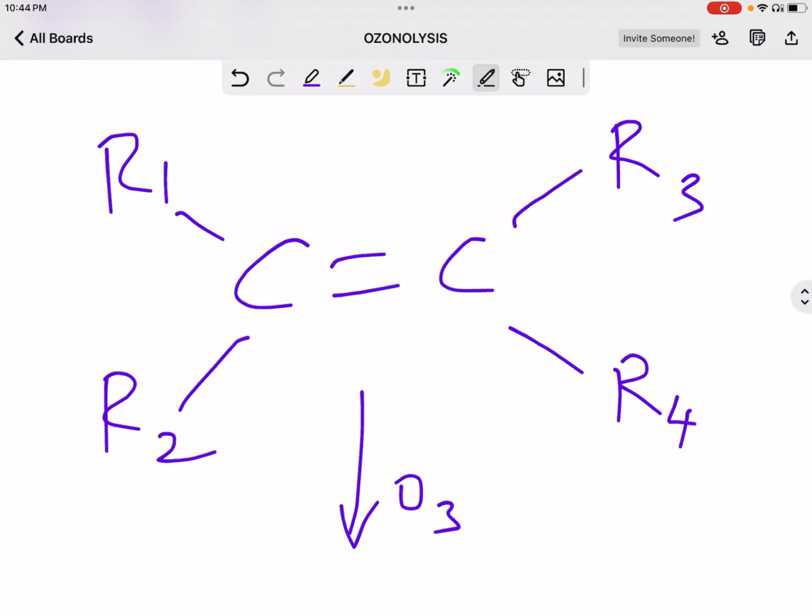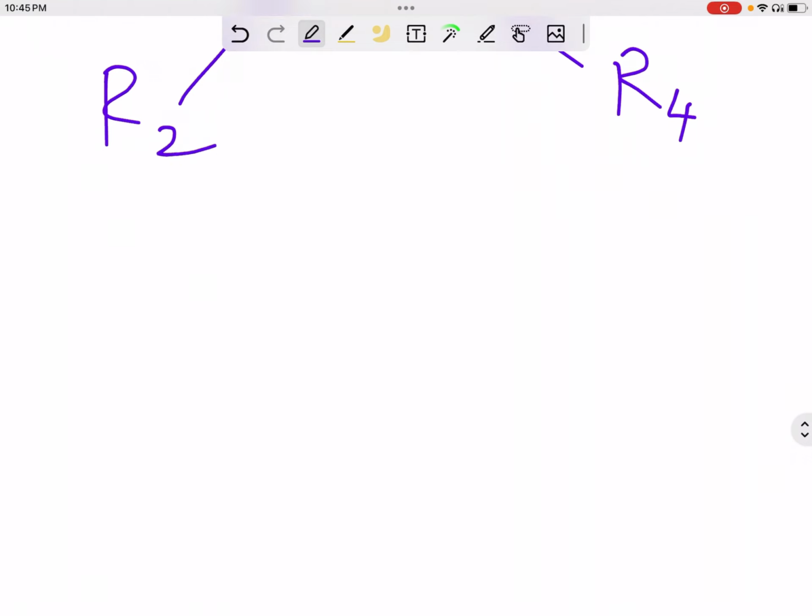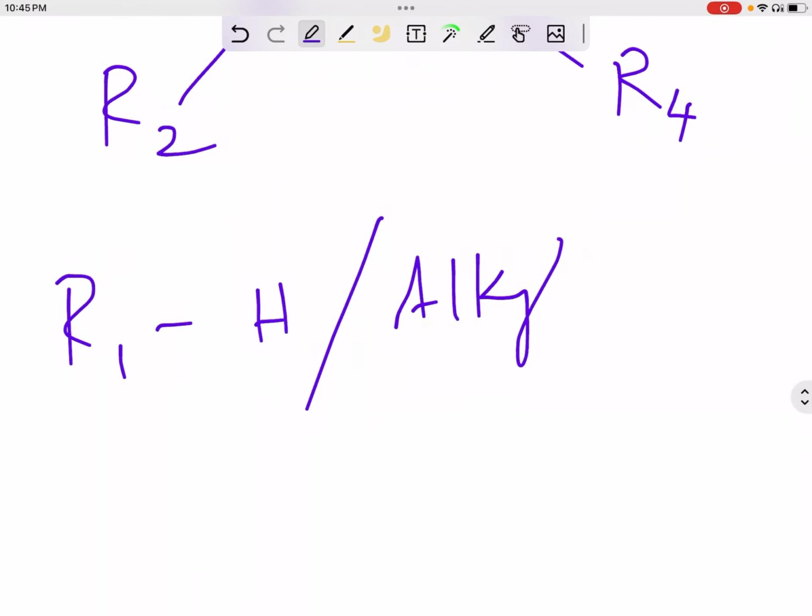So, firstly, in the starting material, alkene, we can have the substituents as R1, R2, R3, and R4. These R groups can be hydrogen, an alkyl group, or even an aryl group.